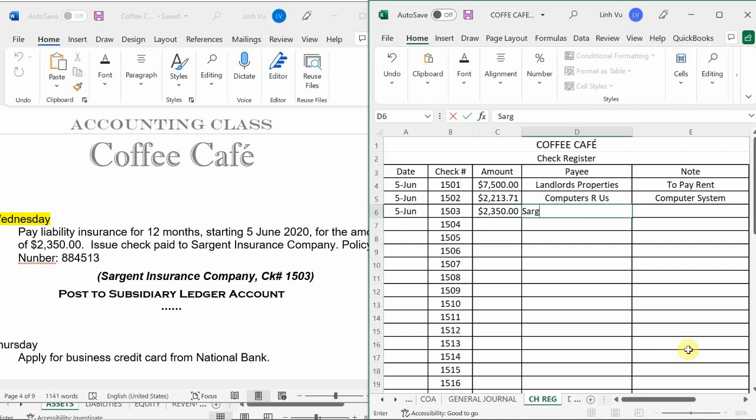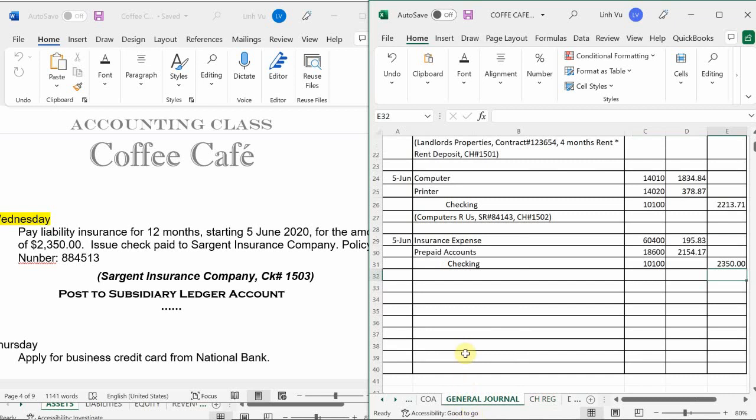Sargent Insurance. Why did I write them a check? For insurance.